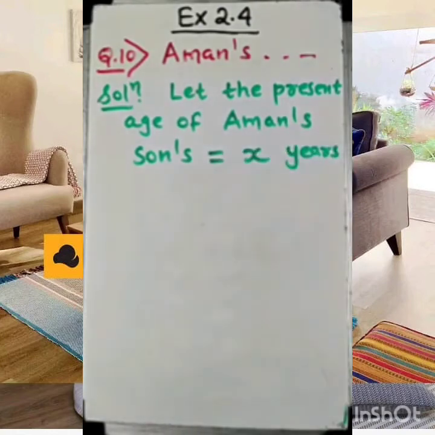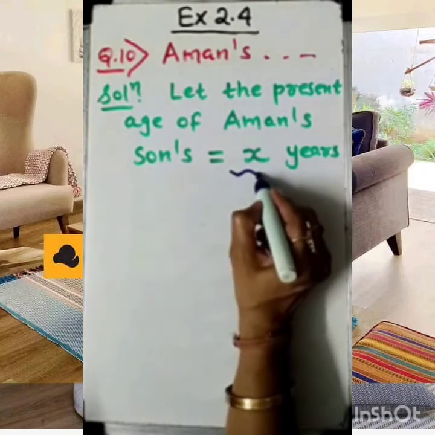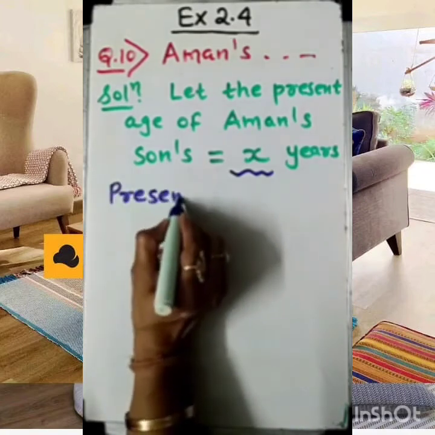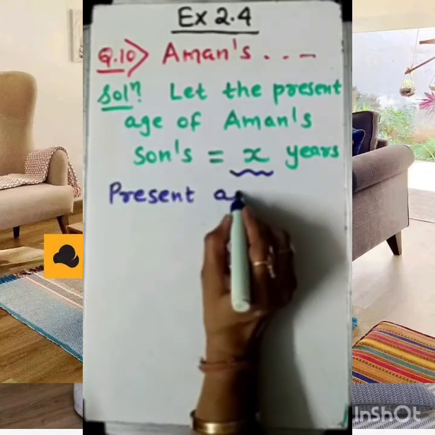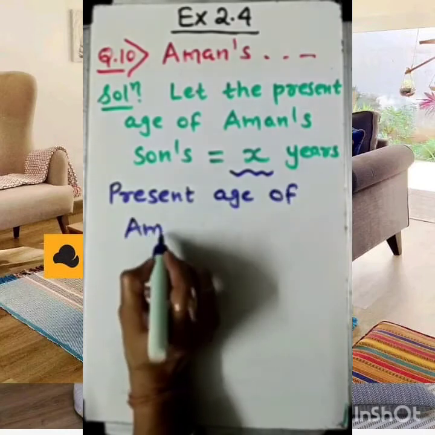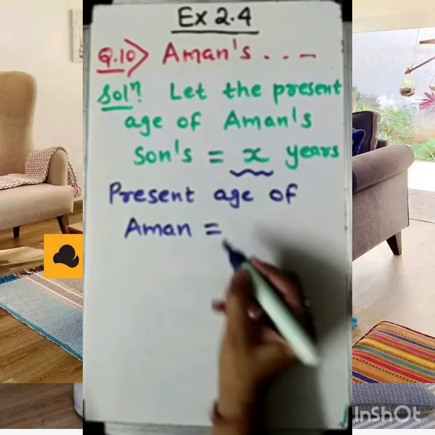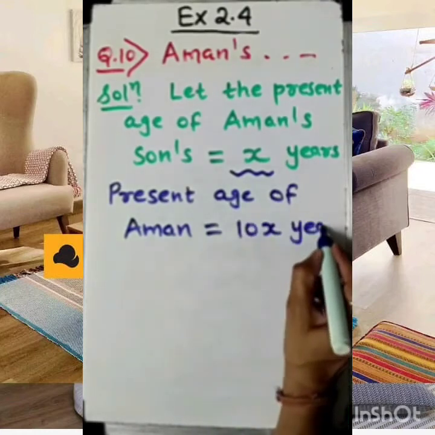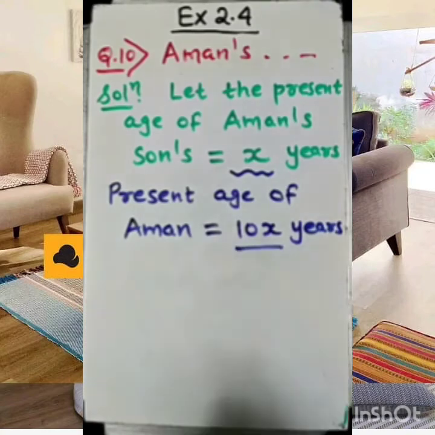Okay, that means the present age of Aman's son is x years. Then what will be the present age of Aman? We need to mention the present age of Aman. What is that? Present age of Aman is 10x years.